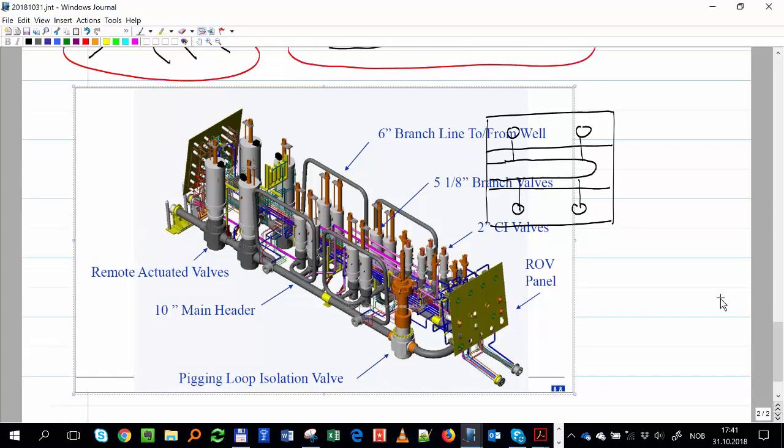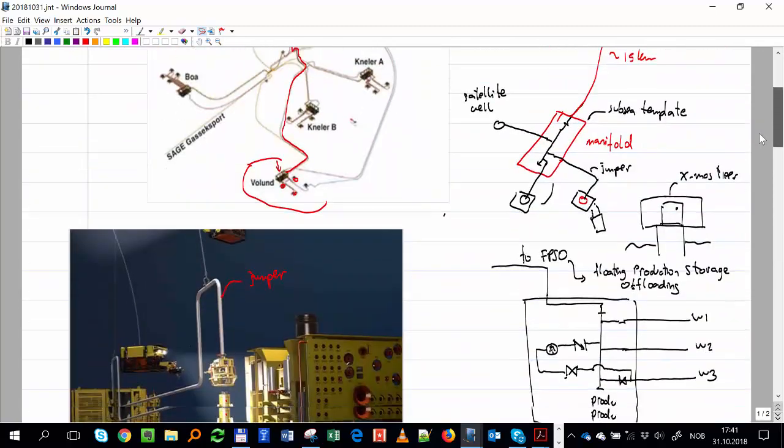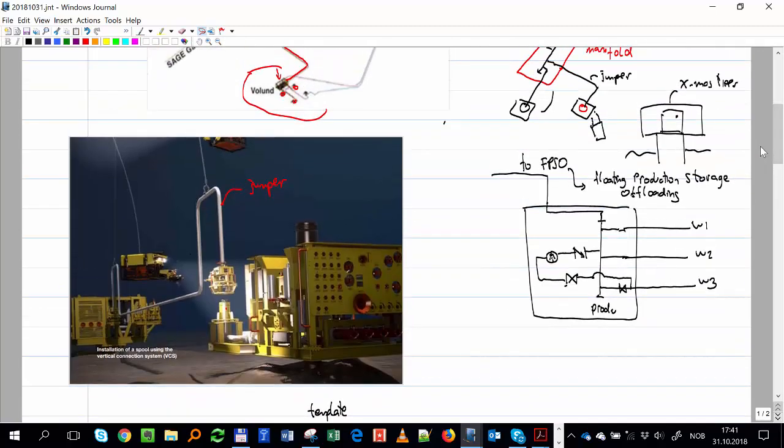That is because during the operation of the well, producing or not producing, the well is going to expand. The conductor, casing, tubing, everything is going to expand due to temperature. If I stop producing, everything is going to get very cold and it's going to shrink. When I start producing, everything is going to warm up and it's going to expand. And sometimes this change can be up to 1 meter.